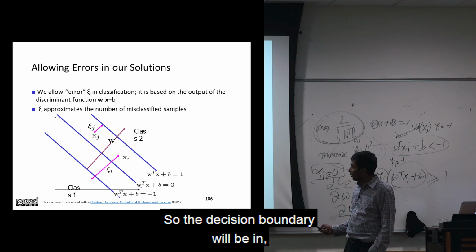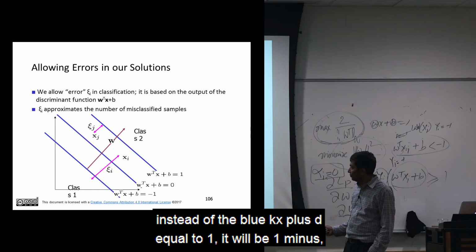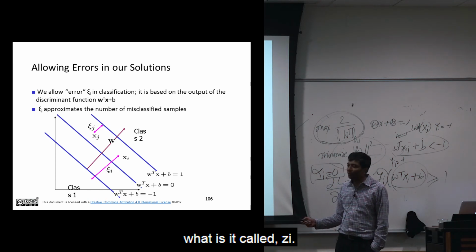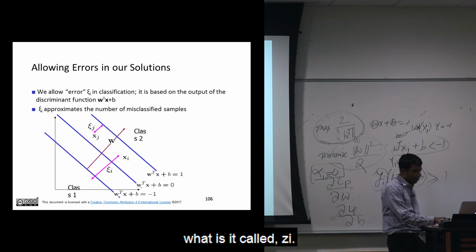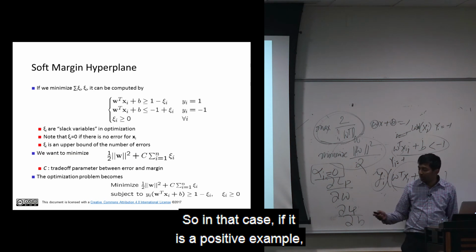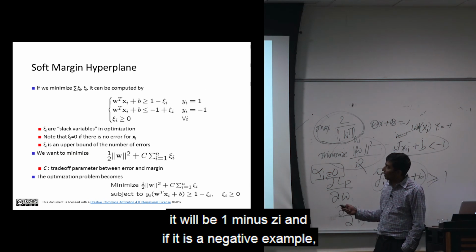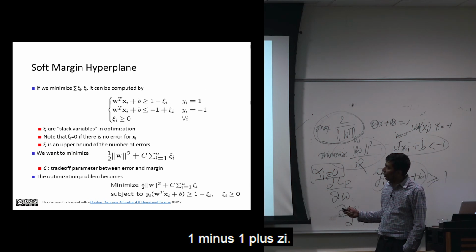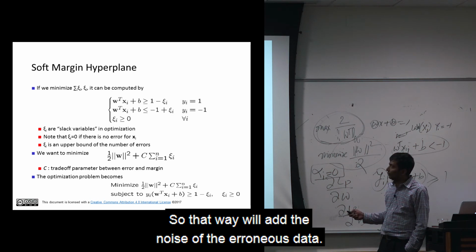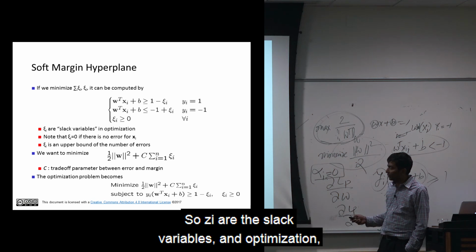So the decision boundary, instead of W^T X plus B equal to 1, will be 1 minus xi. If it is a positive example, it will be 1 minus xi, and if it is a negative example, it will be minus 1 plus xi. That way, we add the noise or the erroneous data. So xi are the slack variables.